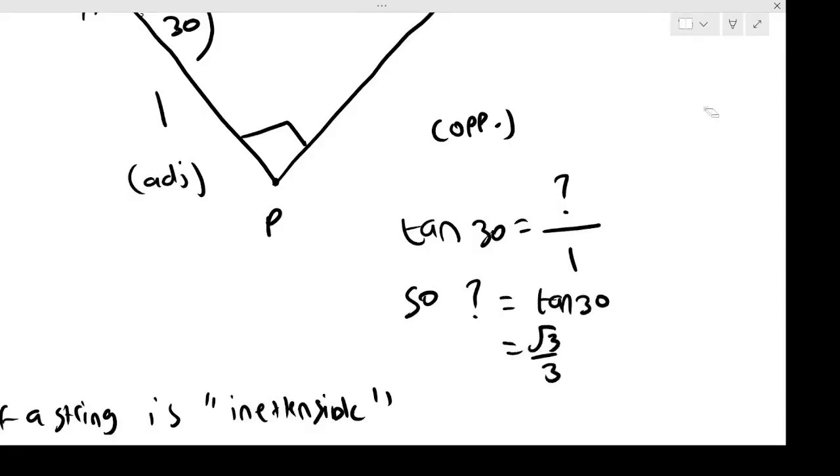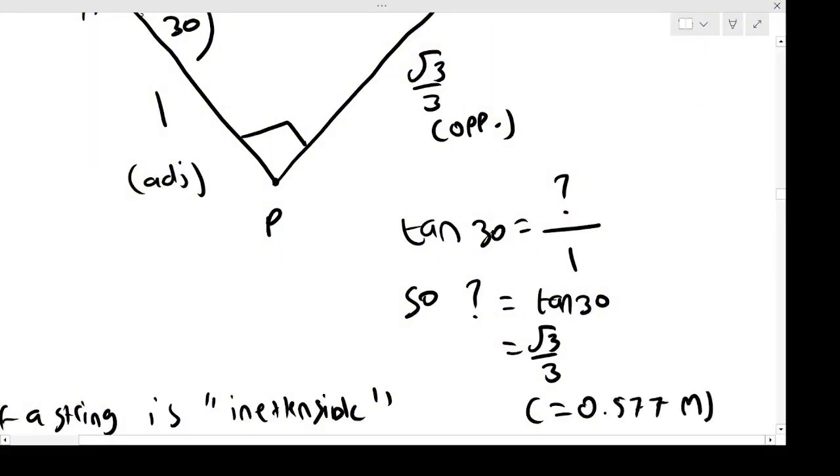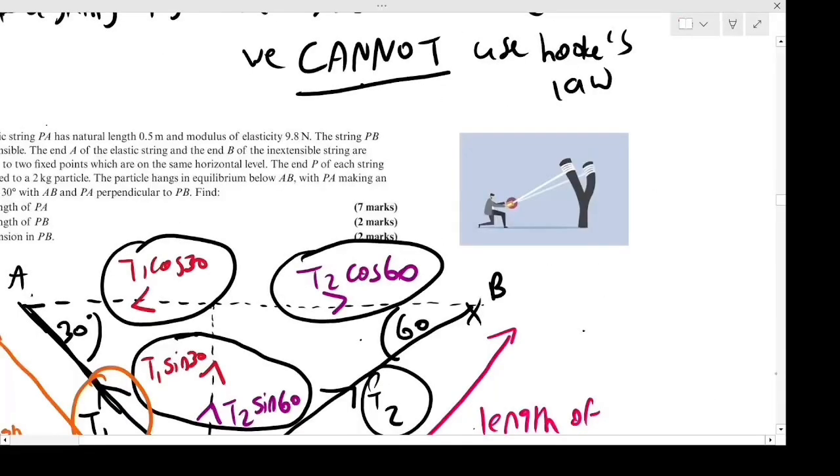Okay, so there we are. That's my length, the length from P to B. Or as a decimal, root 3 over 3 was 0.577. And so there we are. That's the length from P to B.